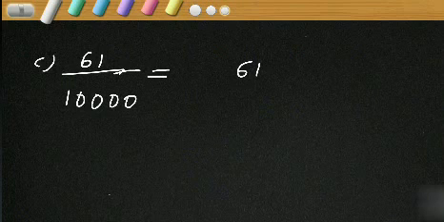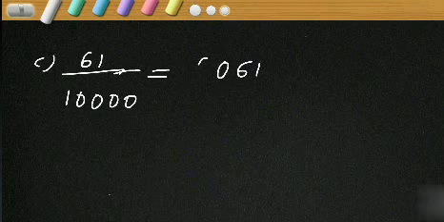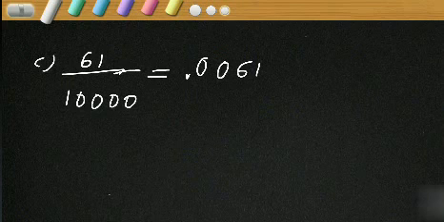Why? There should be 4 decimal places, but we have only 2 digits with us. So then we can place the decimal point. So what is the answer? 0.0061 is the answer.